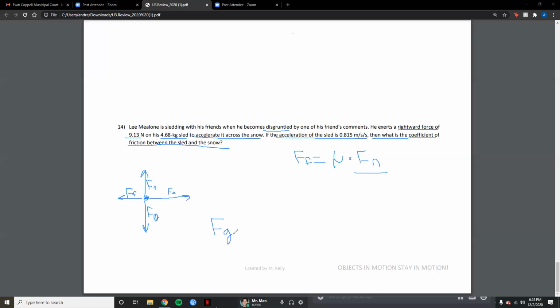So F of g, Basil. How do we find F of g? 4.68, which is the mass of the sled, times the acceleration of gravity, which is negative 9.8. So we're gonna do the math. 4.68 times negative 9.8. It is negative 45.864. My handwriting is so bad.